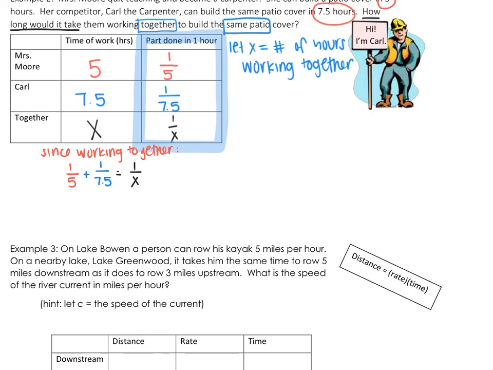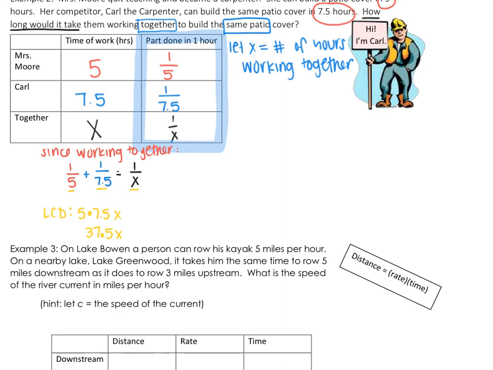So I'm looking at all my denominators. I've got 5, 7.5, and x. They don't have anything in common, so my LCD is going to be 5 times 7.5 times x, which will give me 37.5x.